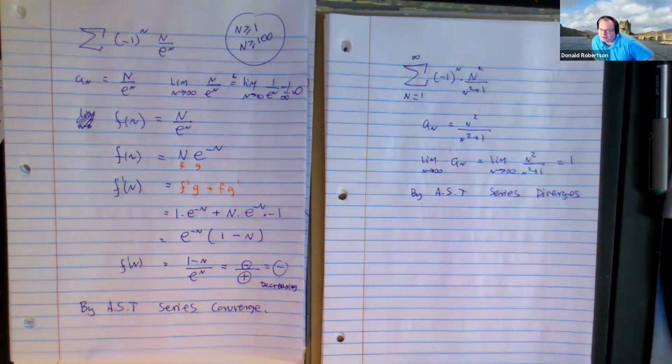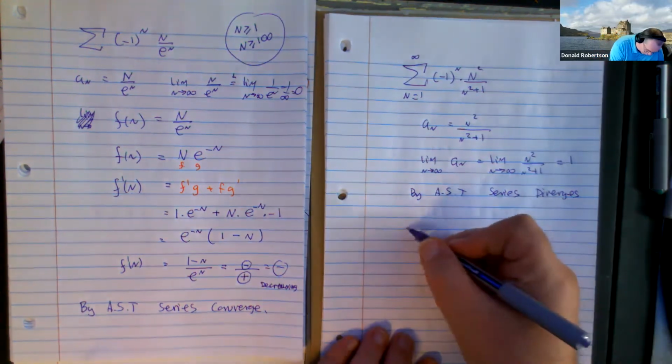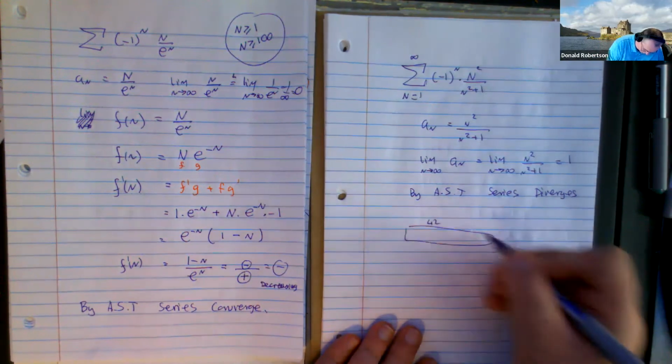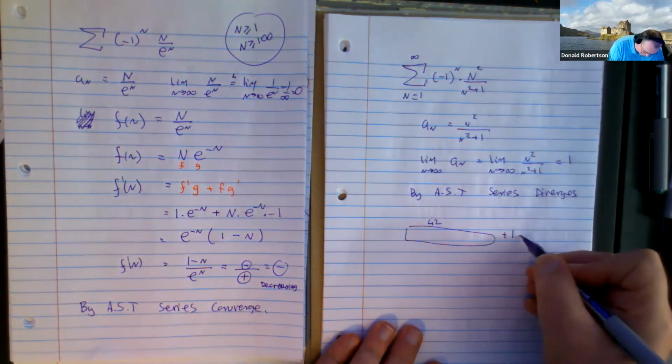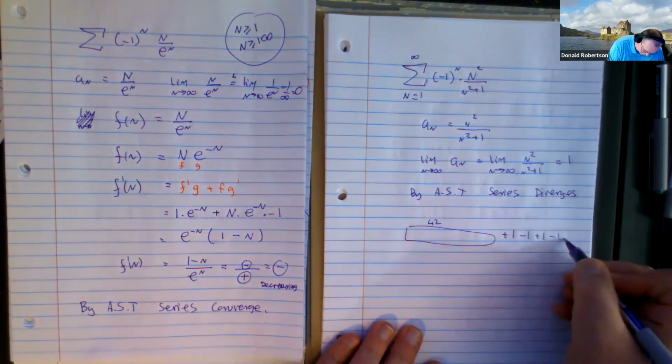If the limit of the individual terms is any number, 1, a half, a tenth, aren't you going to reach a point where all the numbers are basically the same number? Which means you're going to have a whole load of stuff that adds up to 42. And then you're just going to add 1, take away 1, add 1, take away 1 for eternity.